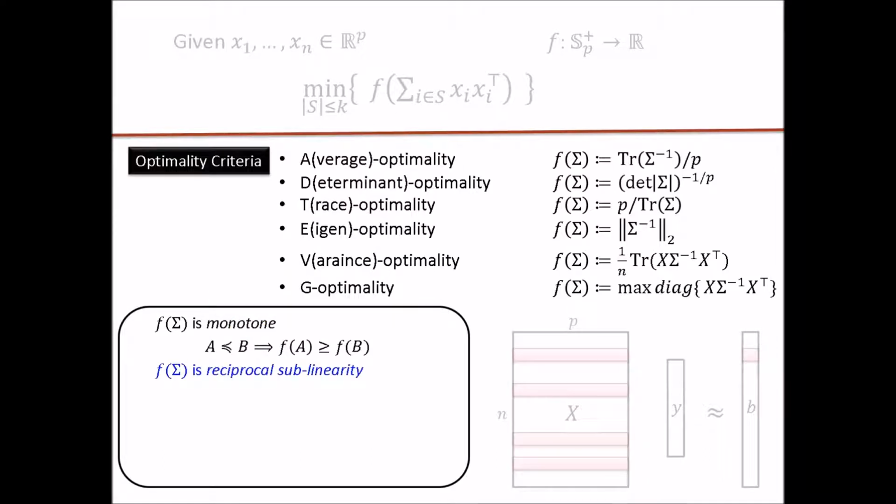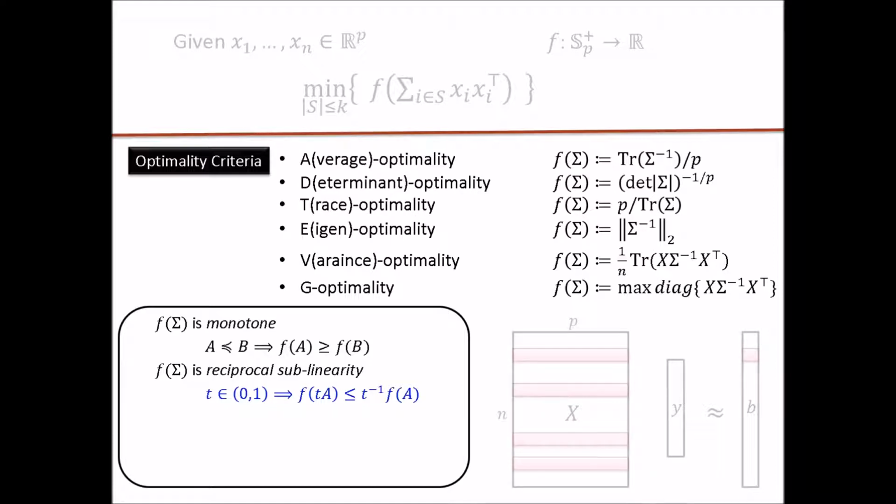The second assumption we want to make is that f is reciprocal sublinear, meaning that if you put a scalar t between 0 and 1 into the matrix, then this function is no larger than 1/t times f of A. For all of the 6 optimality criteria we study here, we actually have an equality, because if you scale it by a constant, you can verify the normalization parameters ensure that this happens.